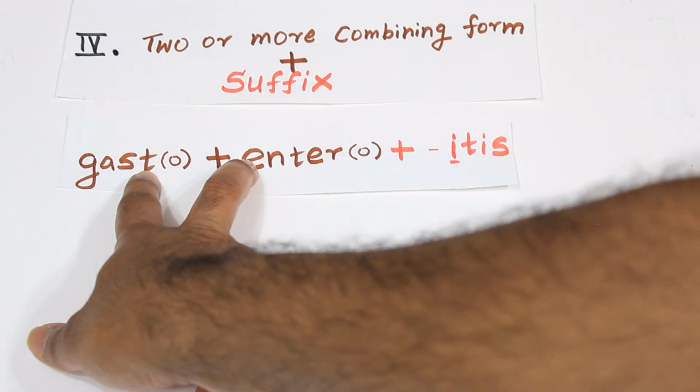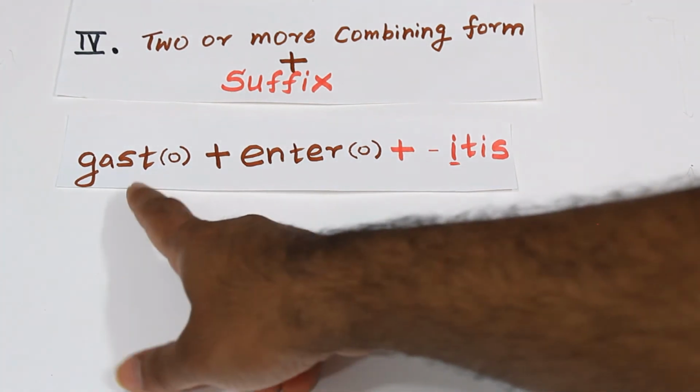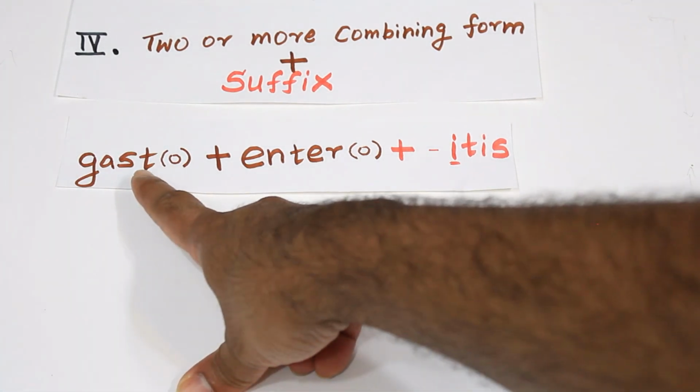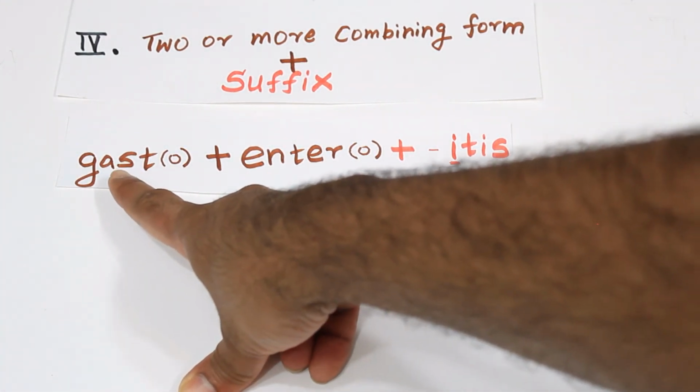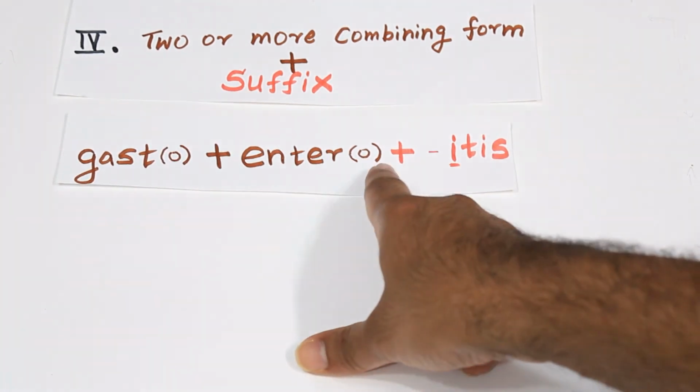According to our second rule, if you remember, if we have two combining forms joined together, the combining vowel is going to be retained, nothing to be out. So this O is going to be retained.